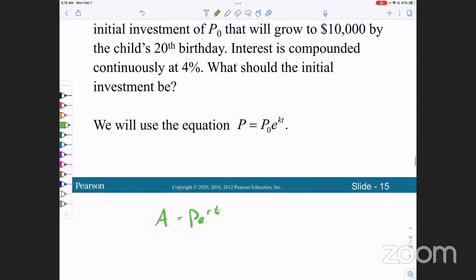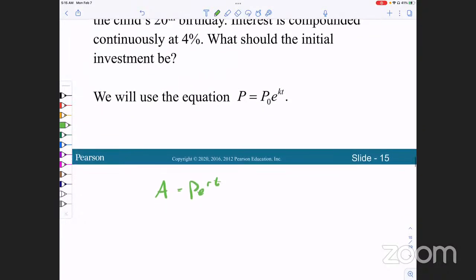We're dealing with continuous compound interest, right? So I like to write that one as A equals P e to the rt, which is the future amount. Normally, A equals P e to the rt tells us the future amount, but here we're kind of working backwards, right?